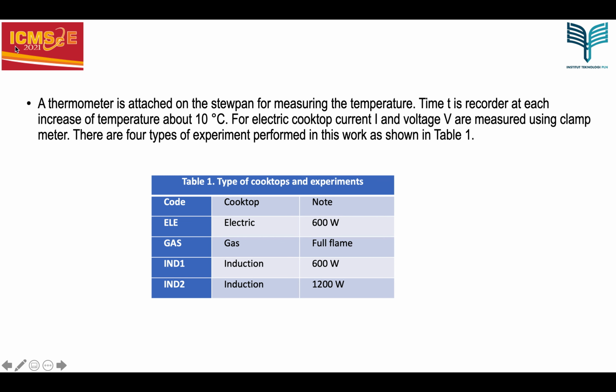The difference between two succeeding observations, t and t plus delta t, gives the mass of gas, M gas, used during the time interval delta t. Each experiment is repeated 5 times. Related to this, the 5 repetitions and observation of time t for each increase of temperature T of about 10 degrees Celsius are already a common practice.